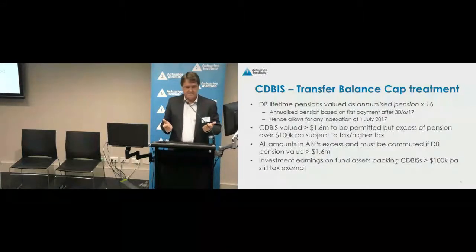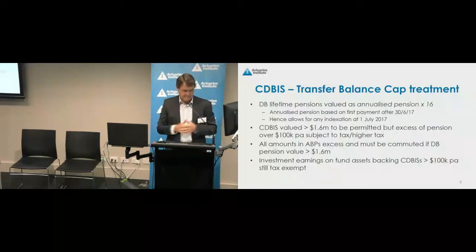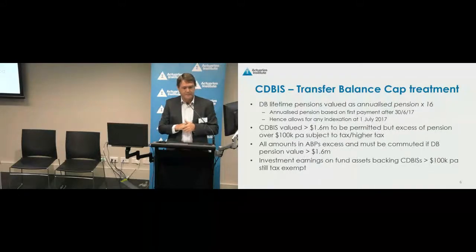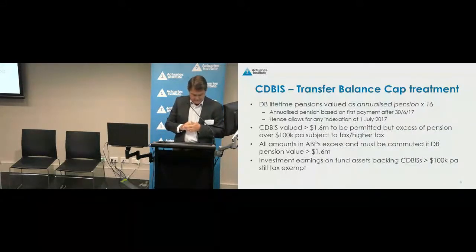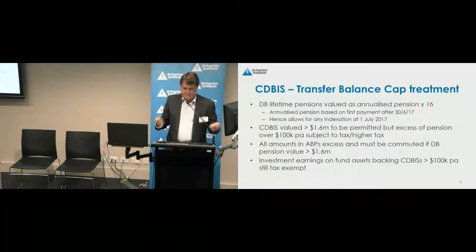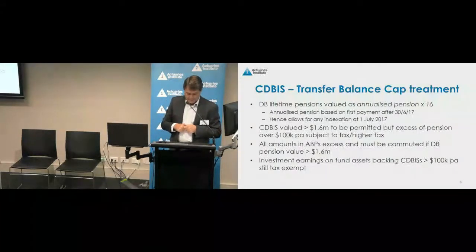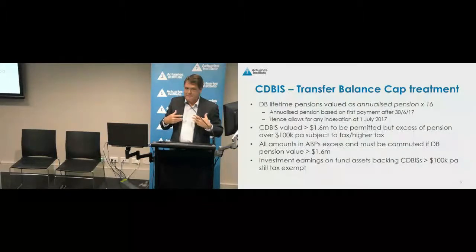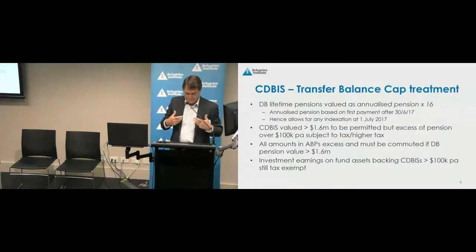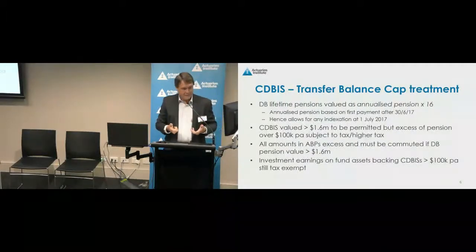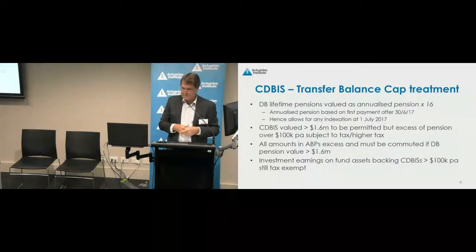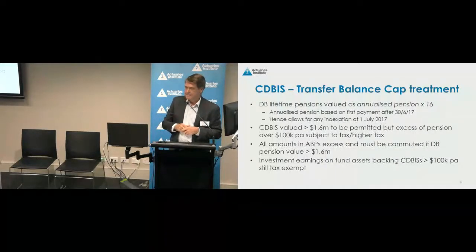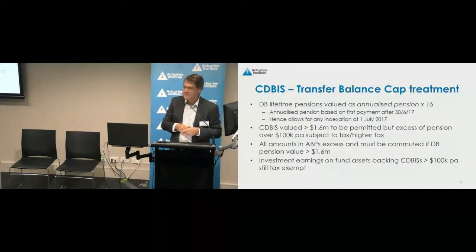That applies regardless of age or any other things you might think relevant for setting a commutation factor. So simply, the value of your pension for transfer balance cap purposes is 16 times the value of the pension that first applies either after 1 July, if you're already retired by 1 July, or on the first time you turn into a pensioner.